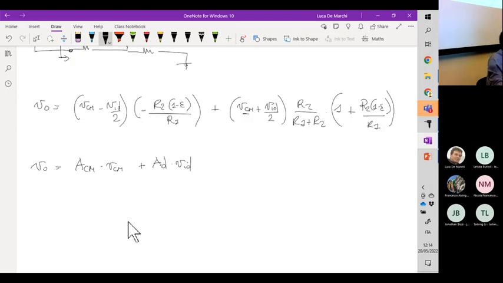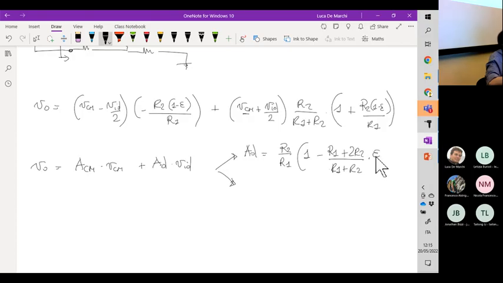If you do so, you can find that the actual value of AD is equal to this quantity, R2 over R1 times 1 minus R1 plus 2R2 divided by R1 plus R2 times this discrepancy term divided by 2.